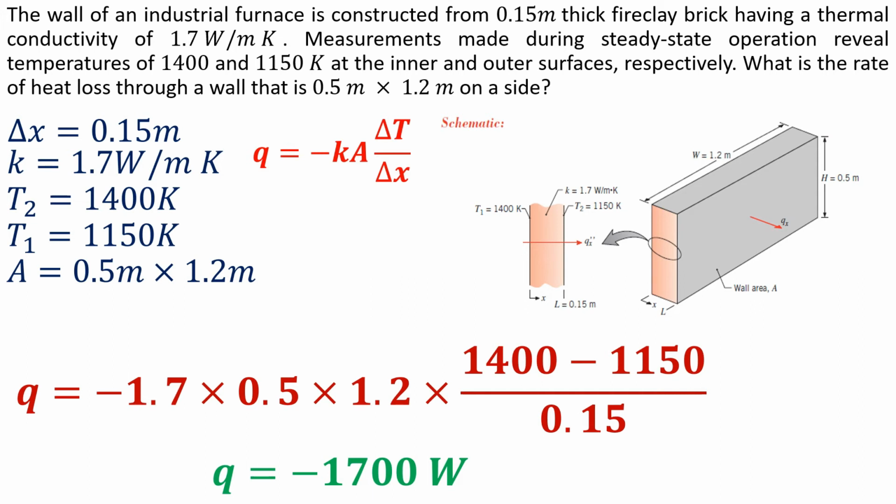Here the minus sign indicates that heat is transferring from higher temperature to the lower temperature. So Q is equal to minus 1700 watt. This is a simple numerical which gives the idea of conduction.